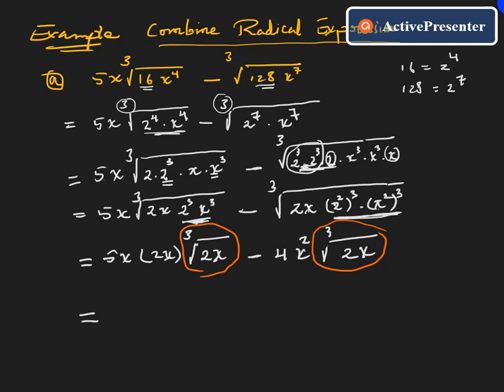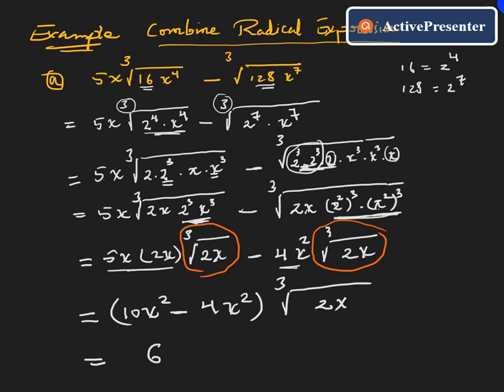So 5x multiplied in 2x is 10x squared, minus 4x squared, all multiplied in the third root of 2x, using the distributive property. So this is eventually equal to 6x squared multiplied in the third root of 2x, and we are done.